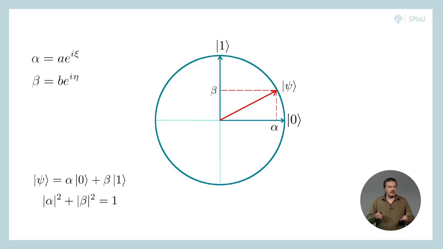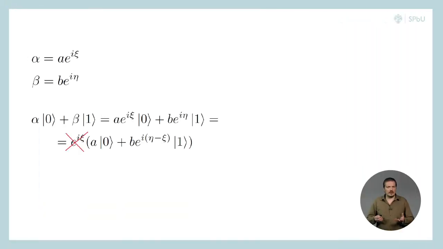Now, since alpha and beta are complex numbers, we can write them down in the polar form. We'll denote the modulus with a and b respectively, and the arguments will be xi and eta. Now, if we rewrite our state with this polar coefficient representation, we can notice that we can take the exponent of, for example, alpha out of the scope.